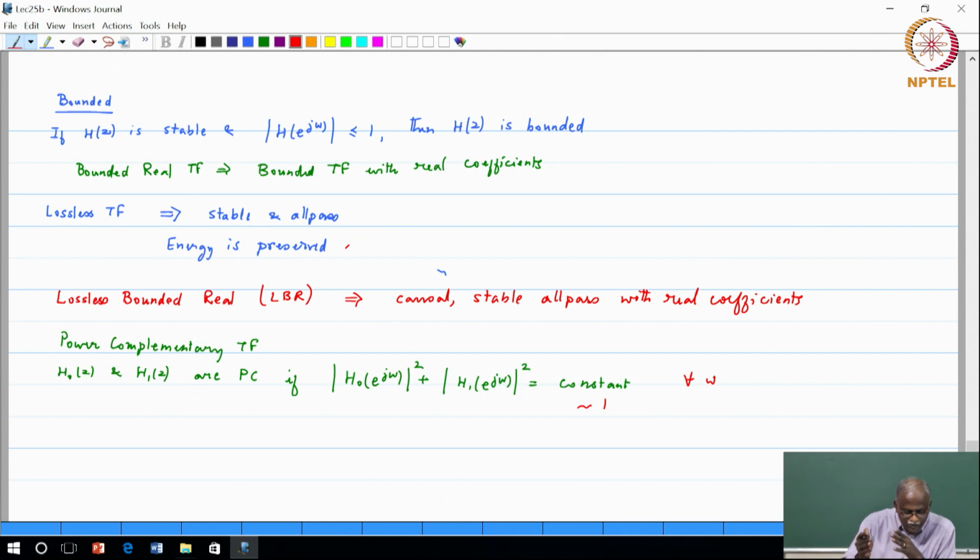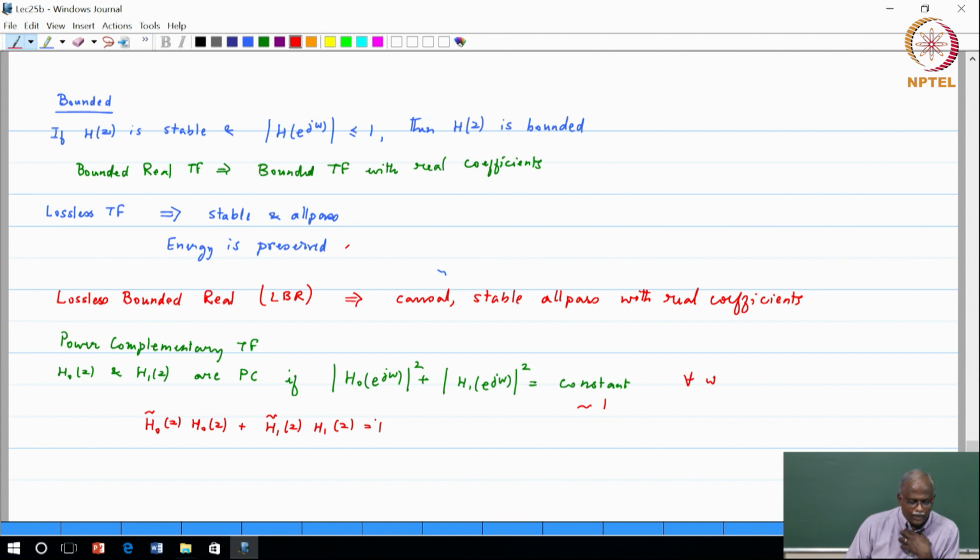But you kind of see where we are heading. Now by analytic continuation, this basically means H naught tilde of z H naught of z plus H1 tilde of z H1 of z is equal to 1. That is the power complementary condition.